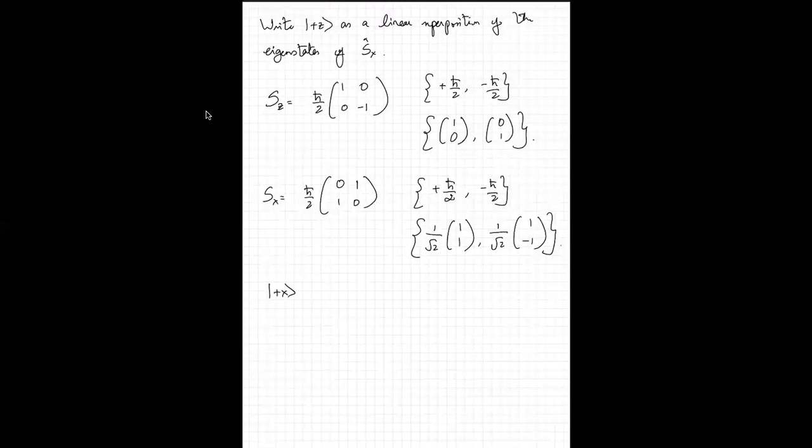Okay. So notice that for Sx, the plus x state, the way I have defined it, in the column vector notation is 1 over root 2 times (1, 1). Now I can write this as 1 over root 2 times (1, 0) plus 1 over root 2 times (0, 1). But (1, 0) and (0, 1) are the eigenvectors of Sz.